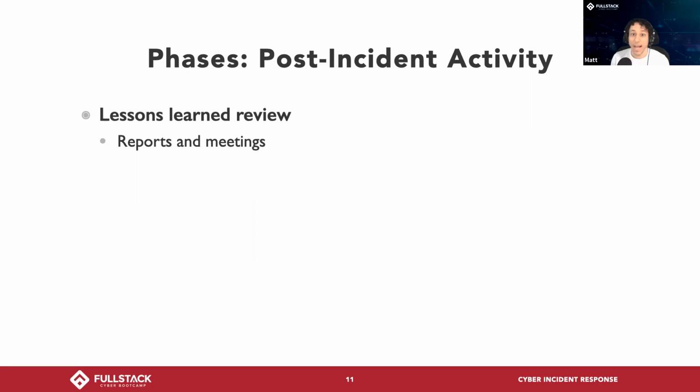You want to do an analysis of events, and you're looking for insights for how you can improve. These reports and these meetings should be recorded, and they should be acted on in the future. If you remember the diagram from post-incident recovery, you go all the way back to prepare. We need to prepare again after the fact. We don't want this to happen again.